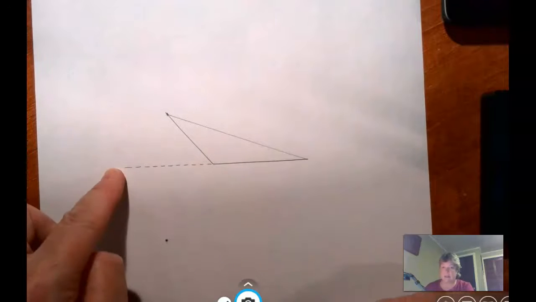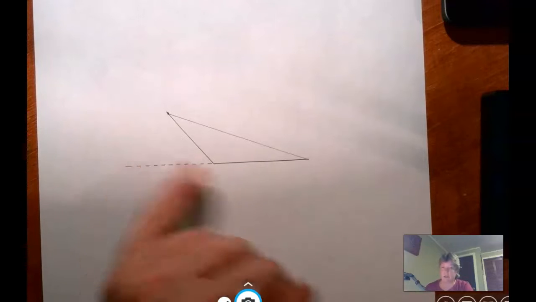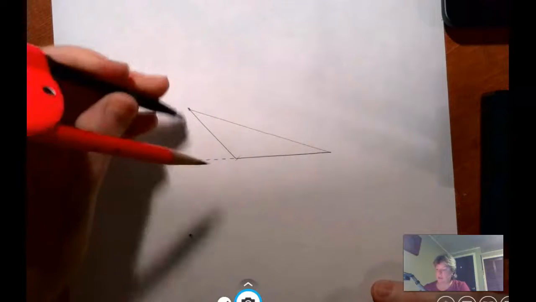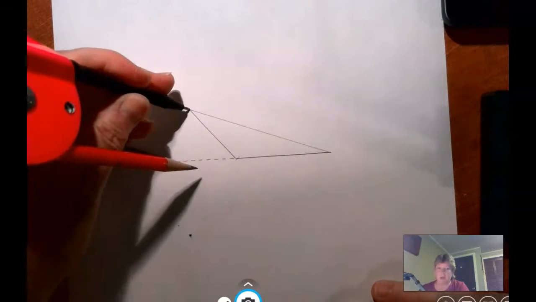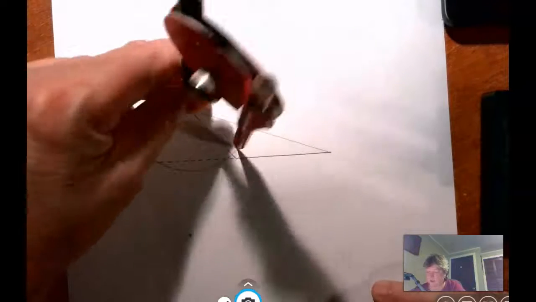So up here, I'm going to extend this out, and then I'm going to go ahead and construct all the perpendiculars, all the altitudes for each side of the triangle. I just want to refresh your memory on how to construct the altitude from this vertex, using that other option for your construction. So I'm going to open the compass up to any opening whatsoever, as long as it crosses twice on the opposite side. I'm going to draw that in there.